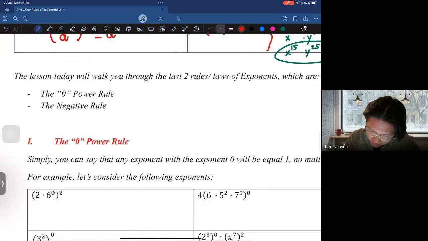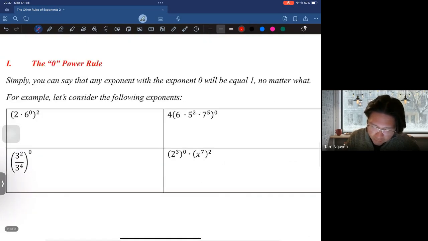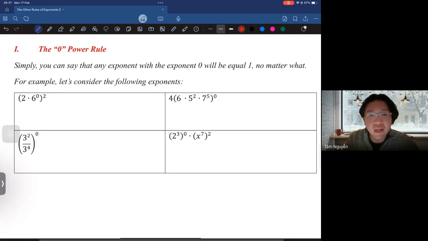Today we only have two things to talk about: the zero power rule and the negative exponent rule. Let's go to the first one, the zero power rule, or the rule of zero exponents.